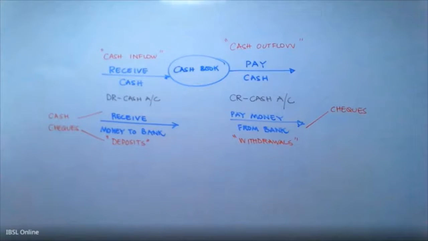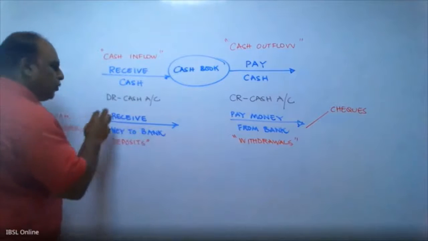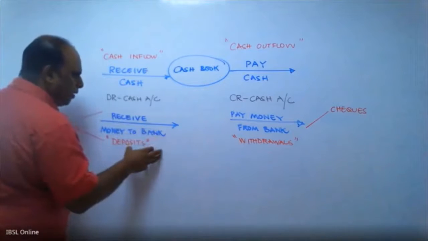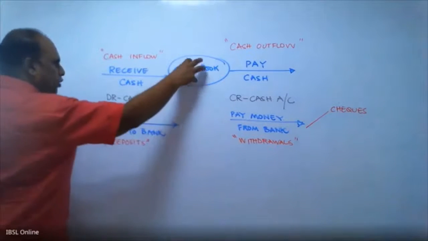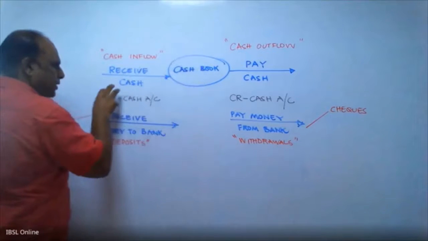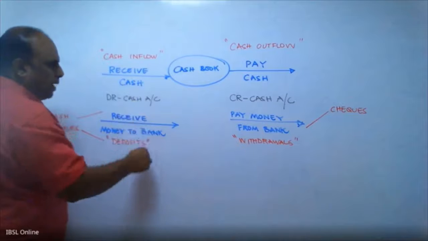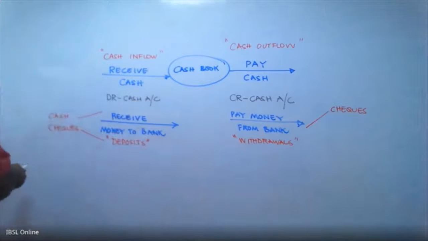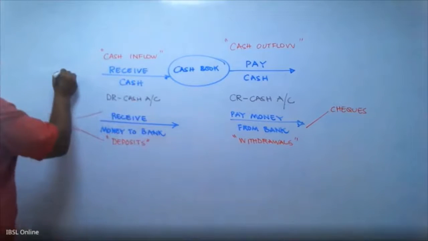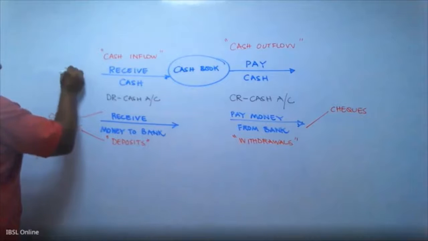Now, what is it that is important? All your deposits into your bank account will be recorded in the cash book as a debit in the bank column. So here we say this is in the cash column.